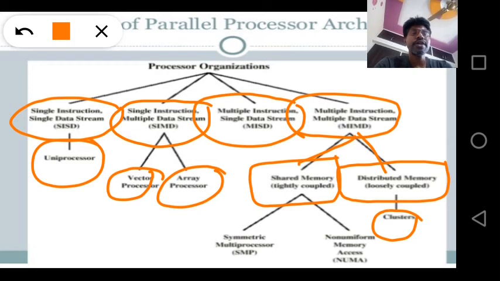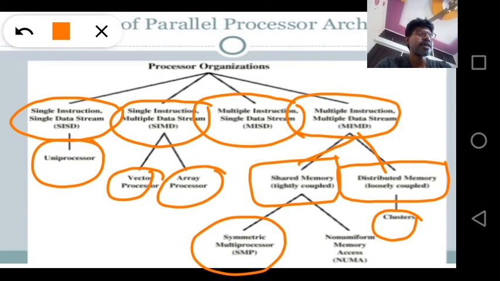One is symmetric multiprocessor. In a symmetric multiprocessor, each processor is treated as an equal. Each processor has the equal right to access main memory. There is no priority among the processors.